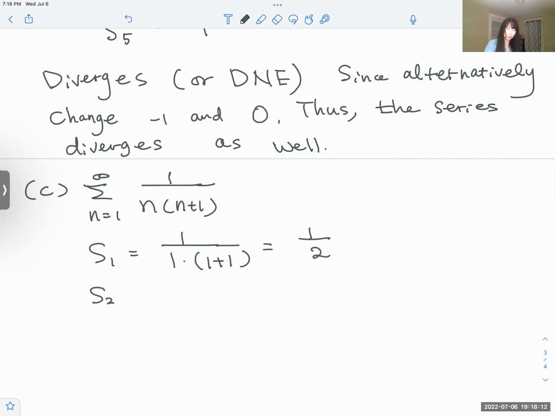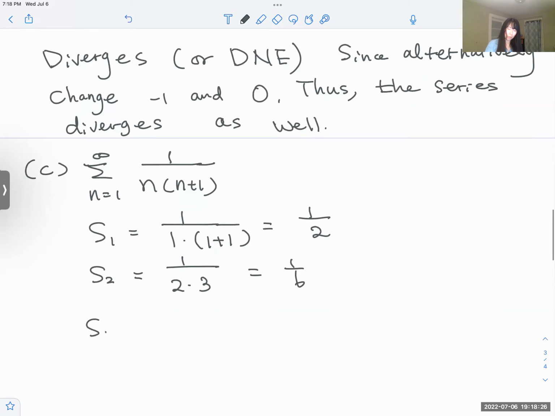For n equal to 2, 1 over 2 times 3, which is 1 over 6. For n equal to 3, 1 over 3 times 3 plus 1, which is 1 over 12.